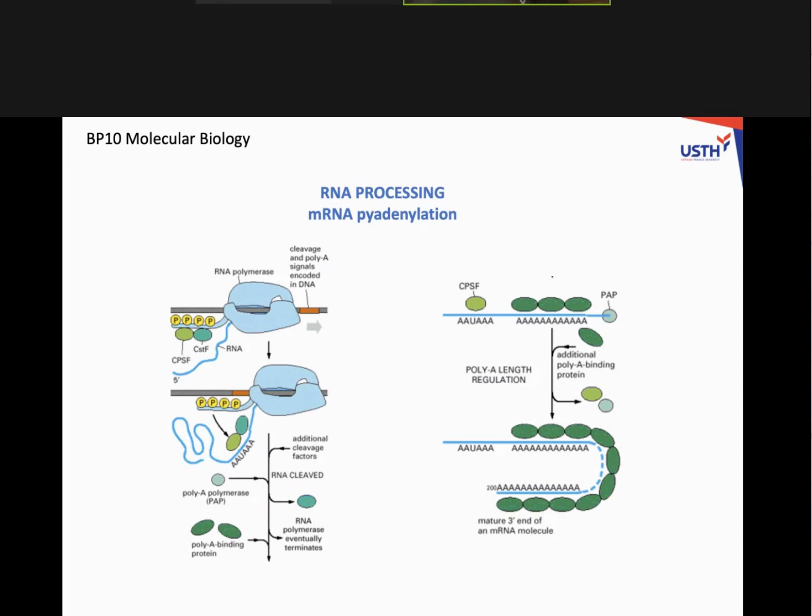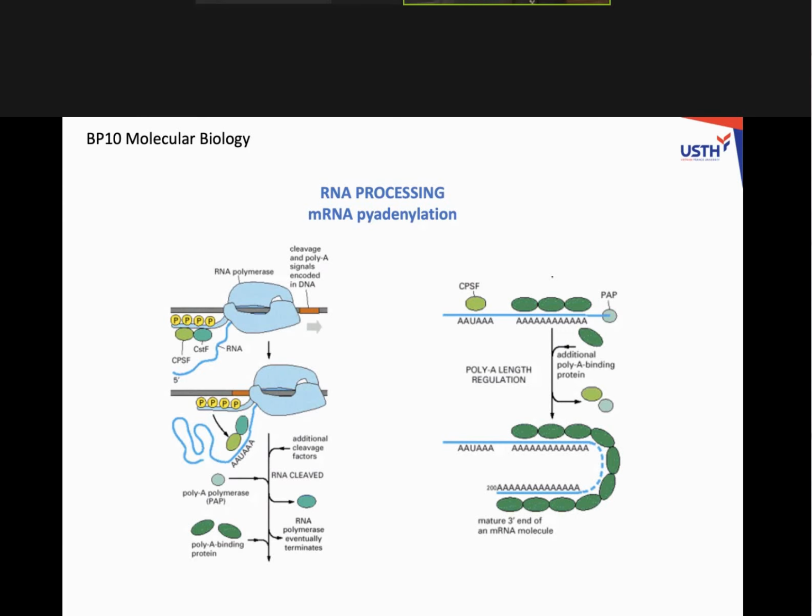What I want to say is that, for example, one RNA that contains a very long poly-A tail is going to be able to be translated much more than an RNA that has a small poly-A tail.